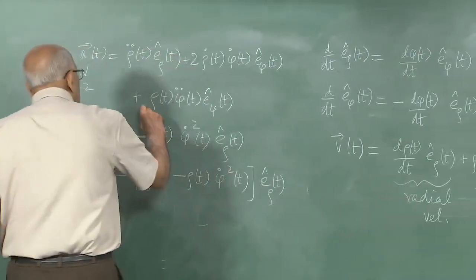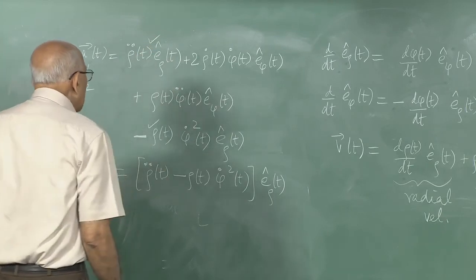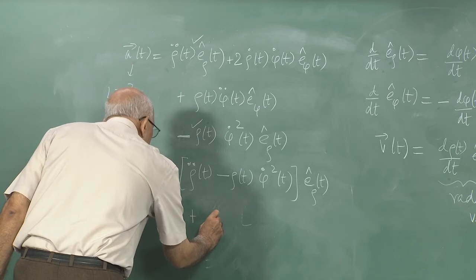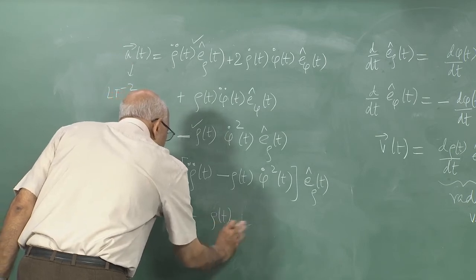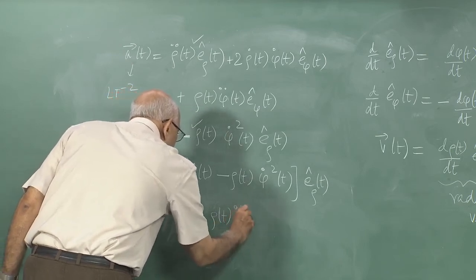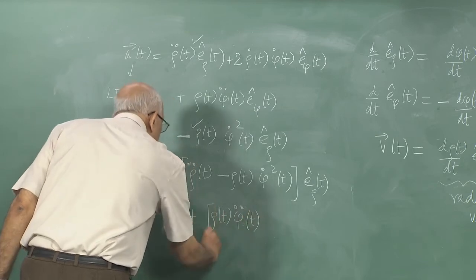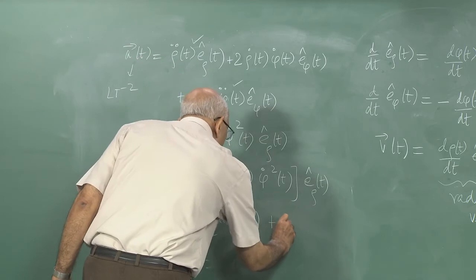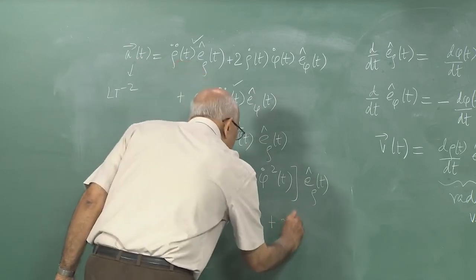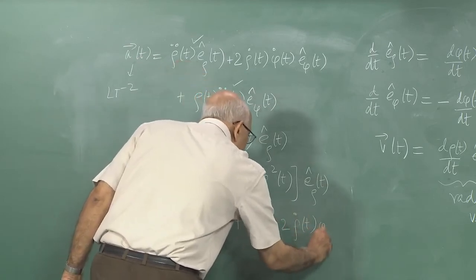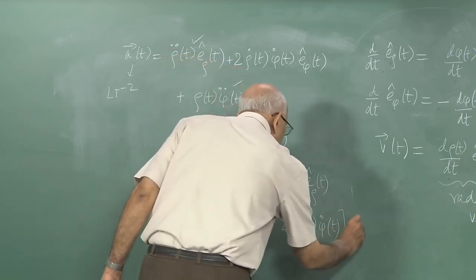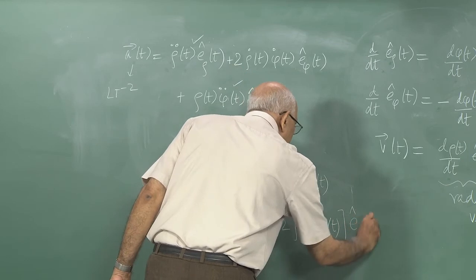So it takes care of this term and this term, and then we have terms which look like plus rho of t phi double dot of t, that takes care of this term, plus twice rho dot of t phi dot of t multiplying e phi of t.